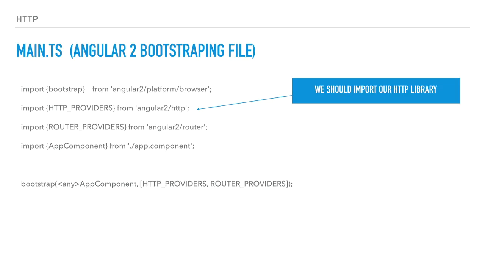The next step to make the communication between client and server using HTTP is that we have to import the HTTP providers. These are the services that this library offers.